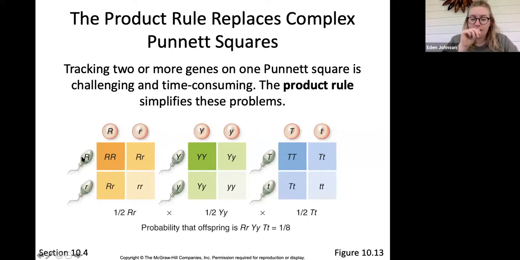All right, so what you're gonna do, this is basically like if I said, I want a girl and I want her to have brown hair and I want her to have brown eyes. The probability of her being a girl has nothing to do with her having brown hair or having brown eyes. The fact that she's a girl doesn't change the likelihood of those two other things happening.